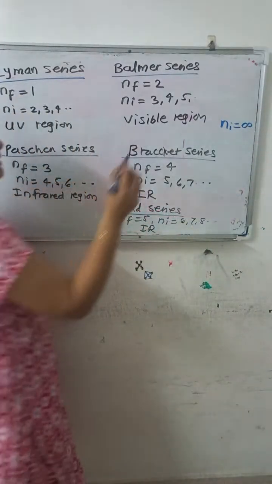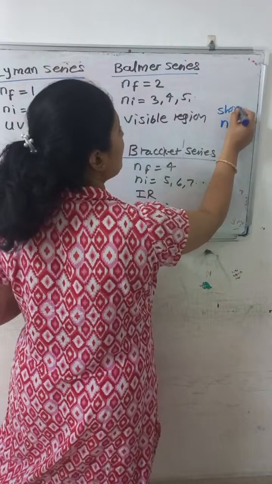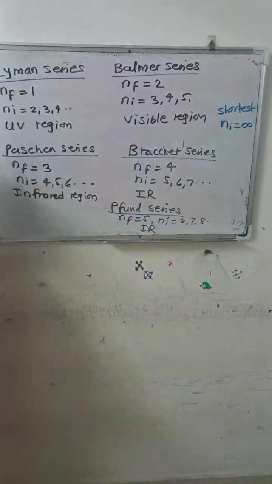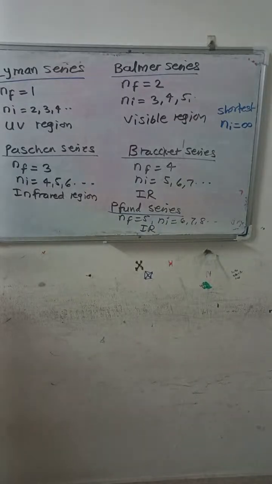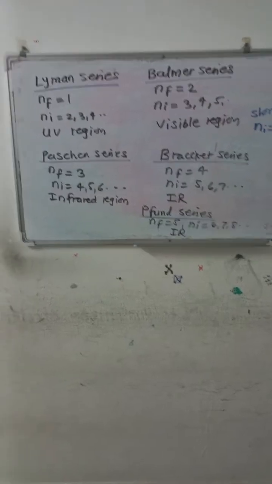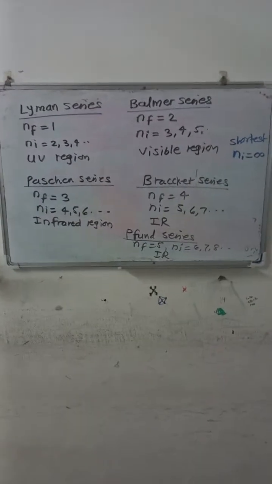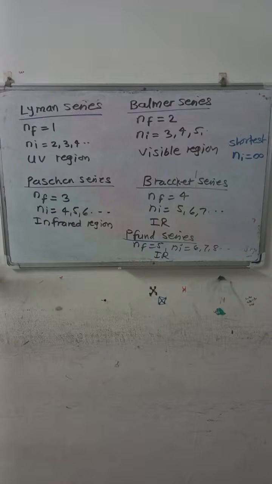Always remember, whenever they ask for the shortest wavelength of any series, we take it as infinite. So while calculating, you have to take n initial as infinite. Are you getting what I am saying? Can everyone see this?